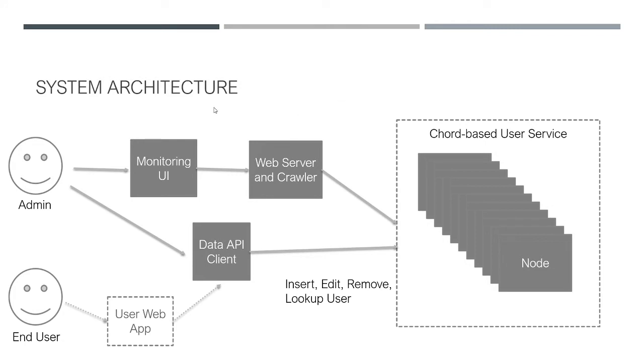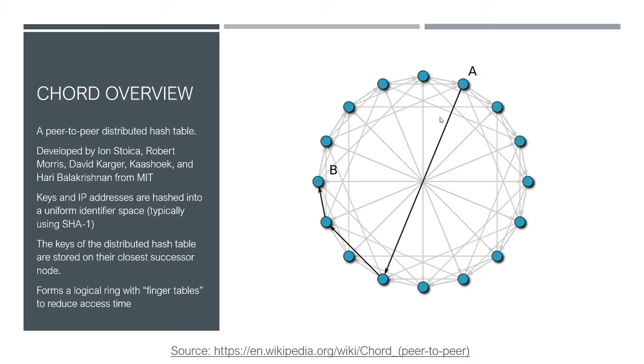We have a data visualization component, which presents basically a monitoring UI that shows the overlay, the logical ring, just like this basically, but it's constantly updating. And so you can basically watch the chord grow and shrink as different clients join the overlay network as peers.